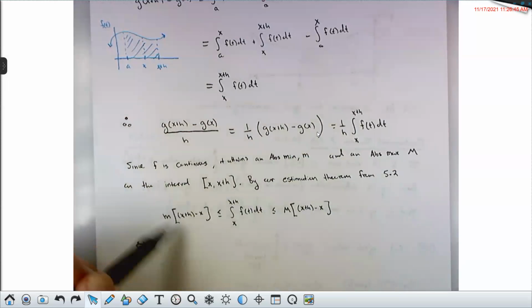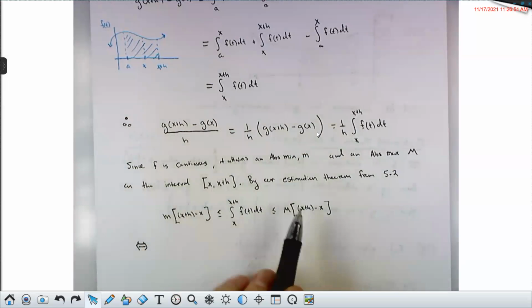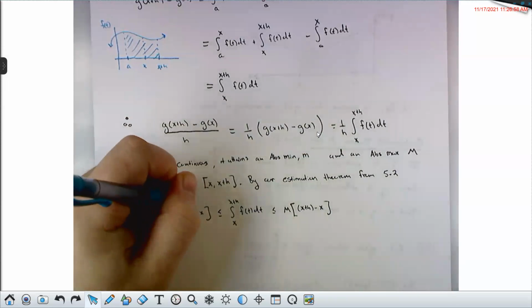So this left-hand side here is m times h. This right-hand side here is big M times h. All right, this thing inside here is just h.